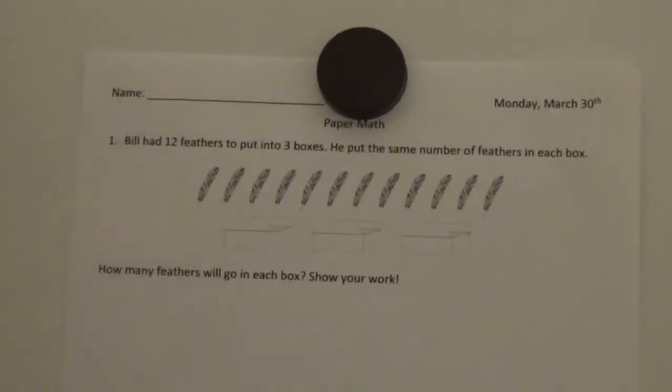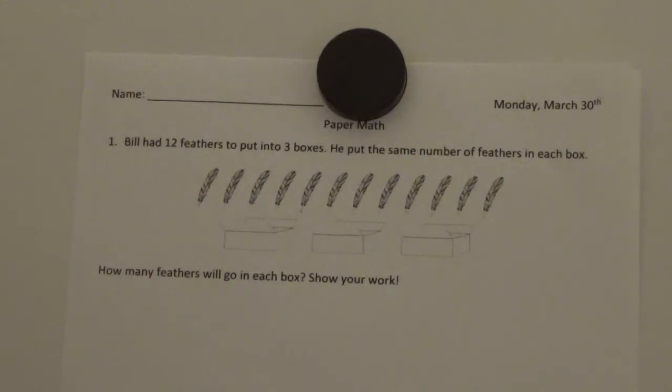So I'm going to read that problem again for you, and it's up here on the screen. As I'm reading it, you can start solving, and I want you to use a strategy that makes sense and also include a key and a number sentence. So, Bill had 12 feathers to put into 3 boxes. He put the same number of feathers in each box. How many feathers will go in each box? Show your work.